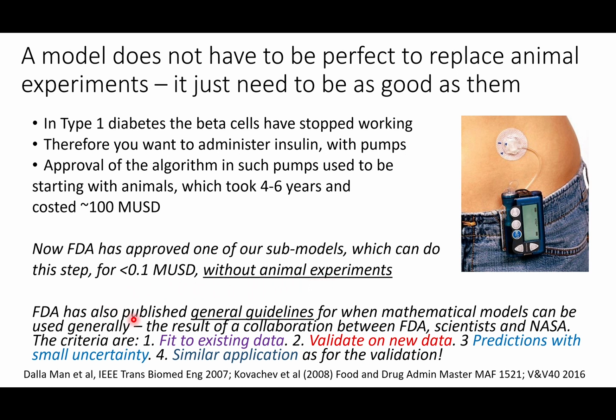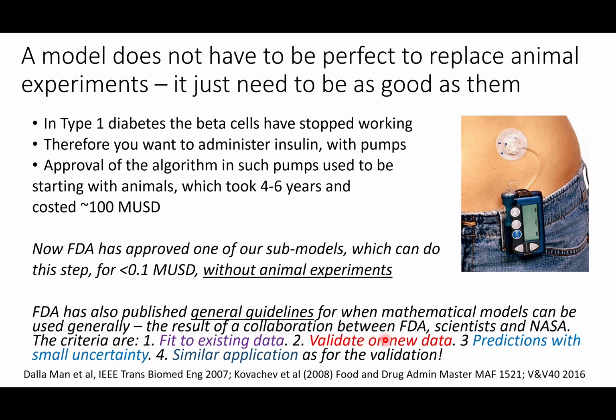But the FDA has since then, a couple of years ago, published general guidelines for when a mathematical model can be used in a more general setting. And these general guidelines are the result of a collaboration between FDA, scientists, and NASA. And as I said, NASA has been using modeling in a sound way for many years. And the criteria are exactly the ones that I showed you on the previous slide. Can it fit existing data?